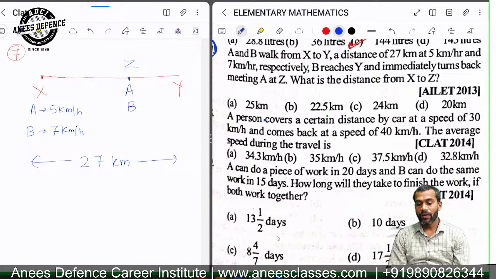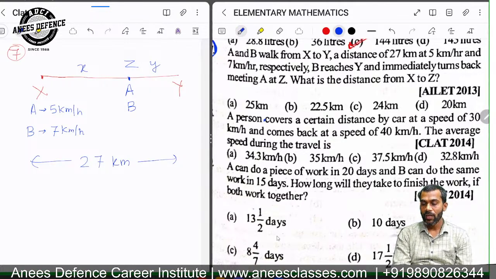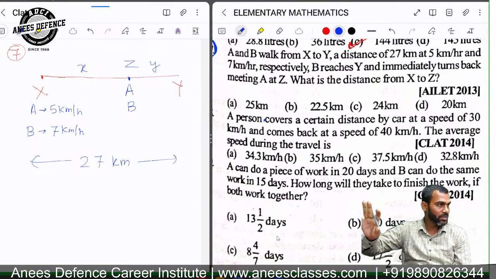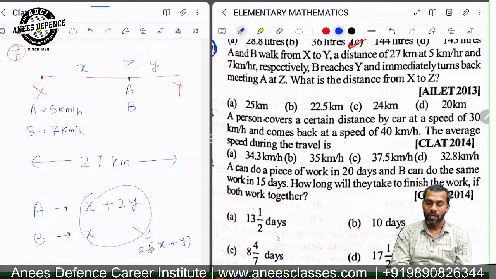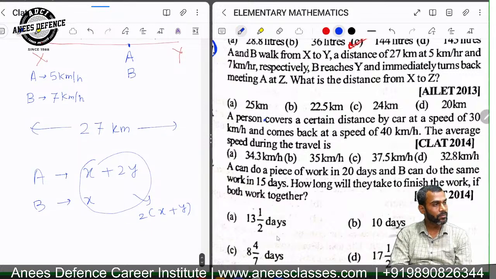Yes, see, 54. A covers this part. Suppose this is X and this is Y. So A covers X plus 2Y, isn't it? Why X plus 2Y? Because A reaches Y, so it covers X plus Y, which is 27, and then again Y. So A covers X plus 2Y, and B covers only X. So A and B together, they cover 2 times X plus Y. And what is X plus Y? 27?